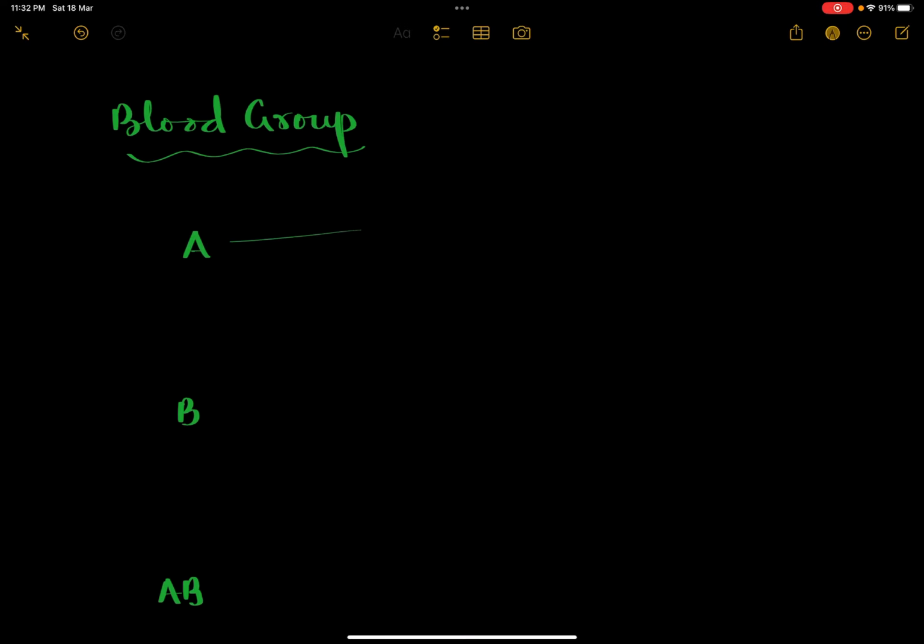See, this is A, which means it can be represented by IA, if both the dominant IA and IA come from both the parents. There are two parents, and obviously both will contribute a single allele, from their egg cells or sperm cells.